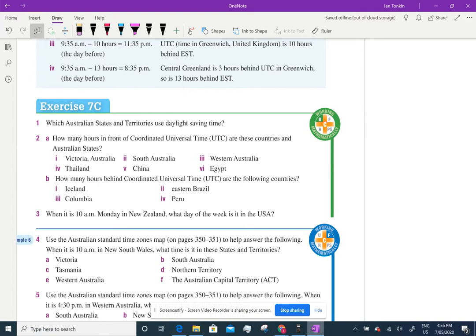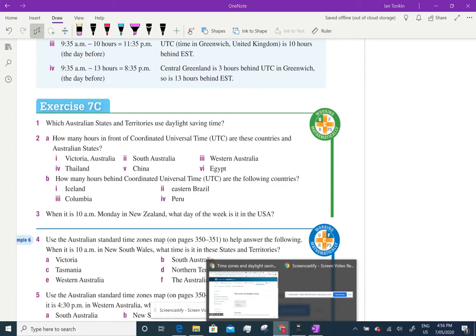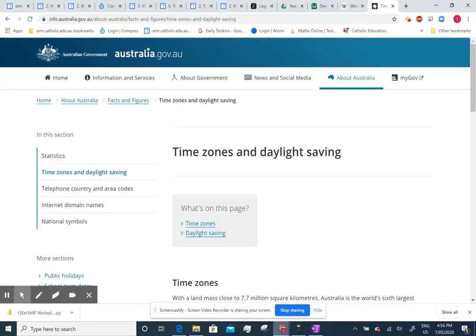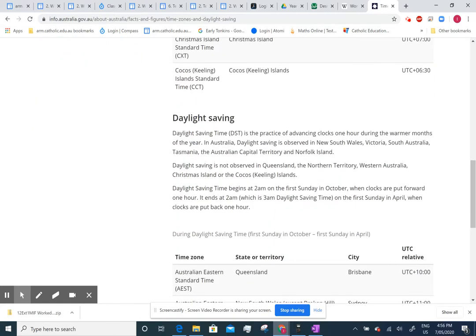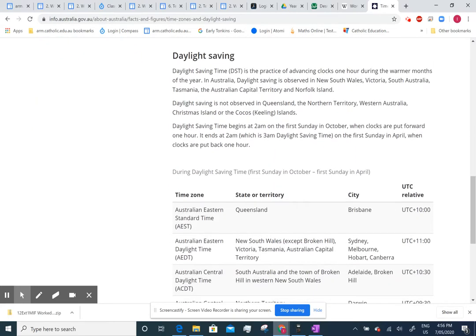So which Australian states and territories use daylight savings? You should have a discussion with mum and dad and your brothers and sisters, and you can go and talk about this. But it changes. And I was worried that the textbook might be a bit dated. So I went to the Australian government's website and had a look. And there they are.